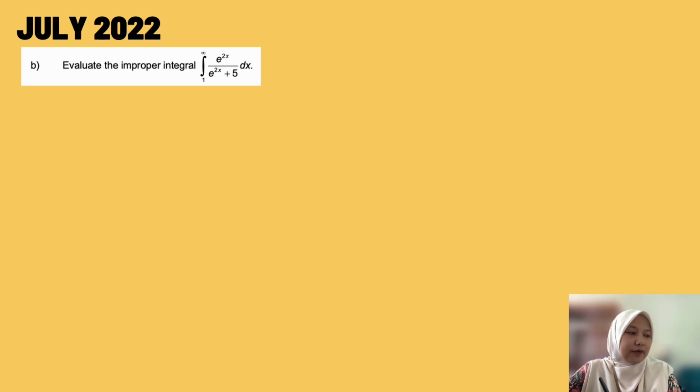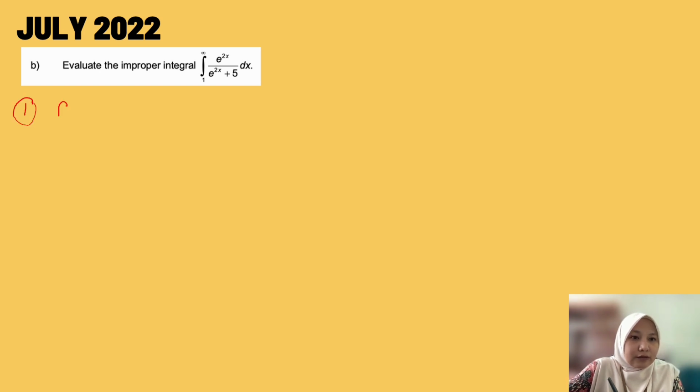Okay, so for the final questions, we have July 2022b. Evaluate the improper integral of exponent 2x over exponent 2x plus 5 dx from 1 until positive infinity. So as usual, our first step, we need to write down the definition.